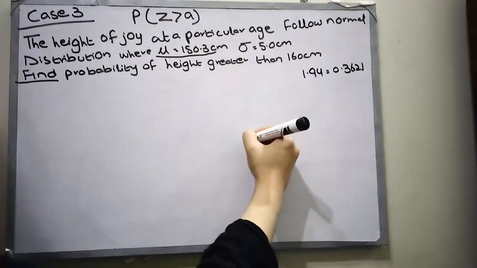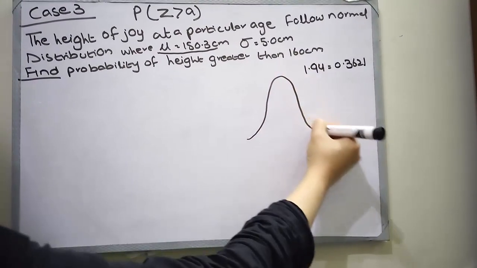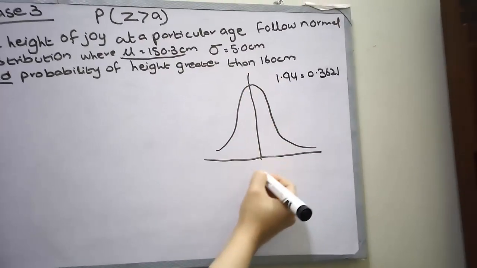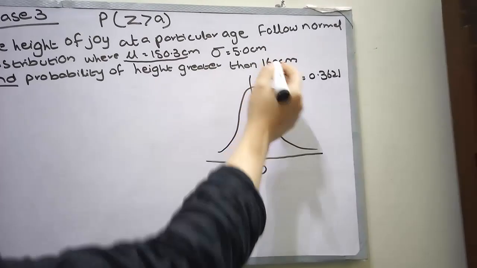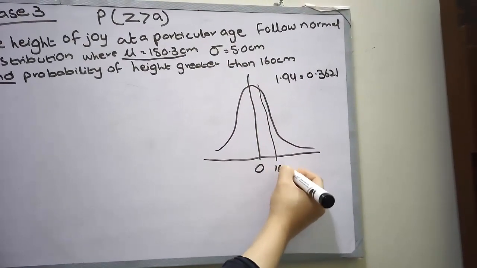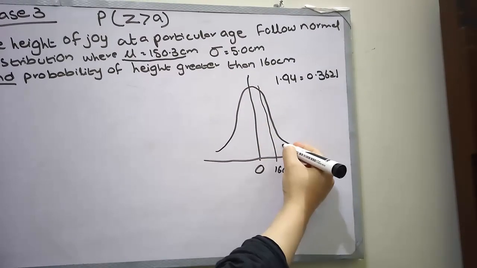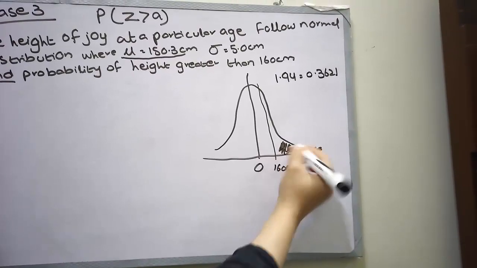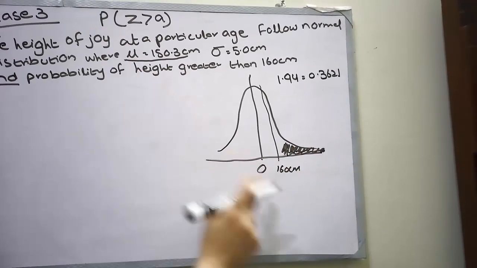So if you draw this bell curve, 160 centimeter is in positive, which means let's suppose it lies over here, 160 centimeter. We have to find probability which is greater than this. First of all, we will find the value of z.